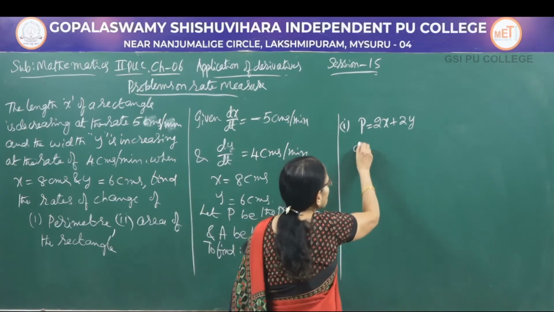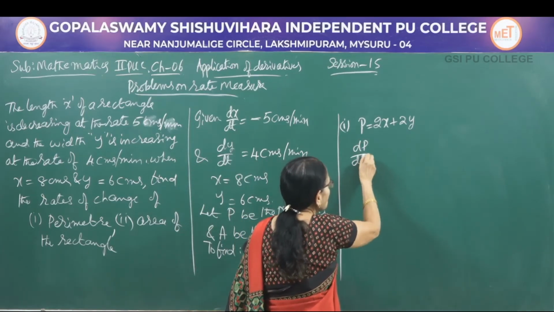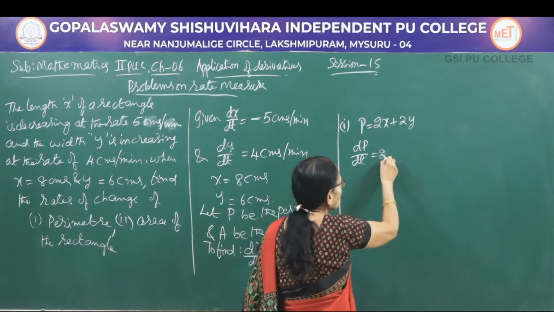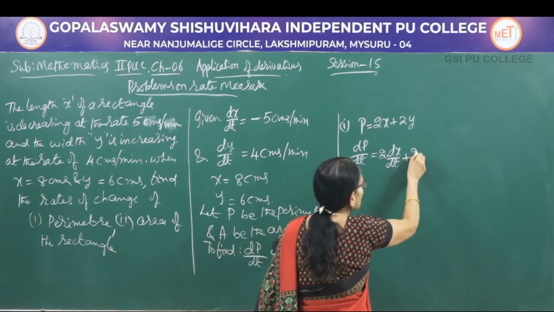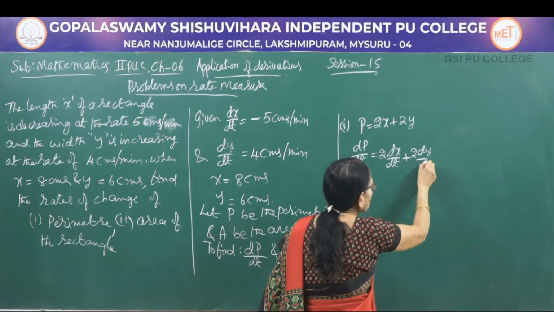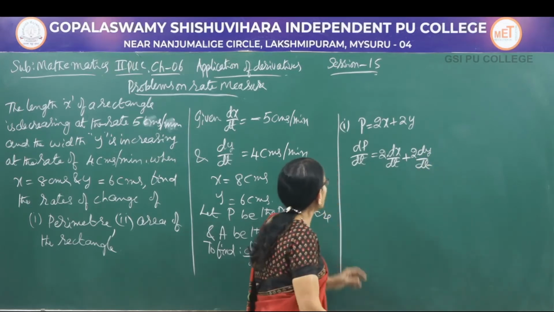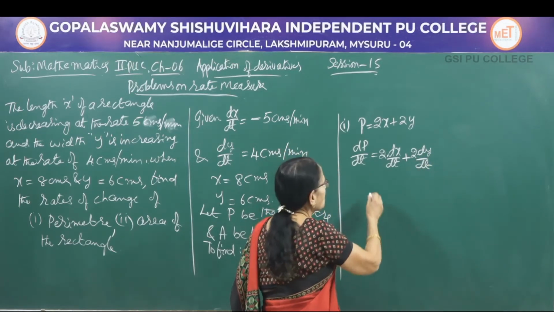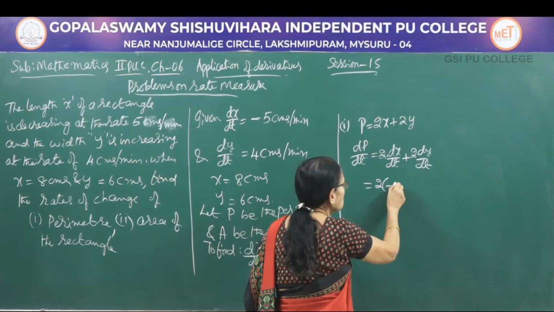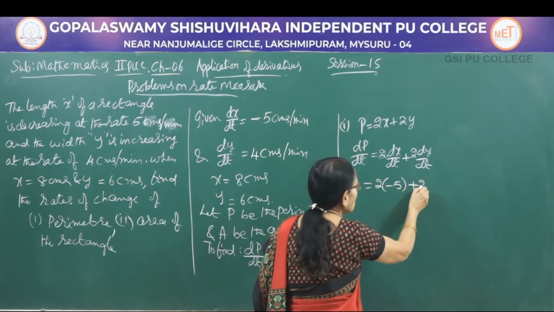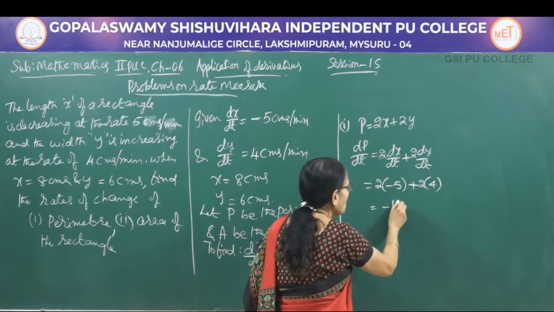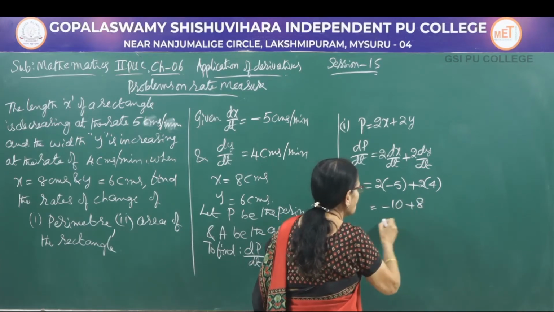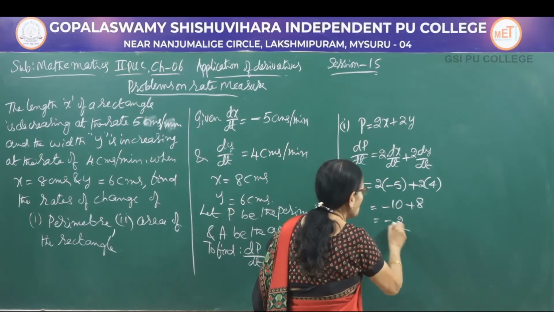Now, differentiate with respect to t. dP by dt would be equal to 2 into dx by dt plus 2 into dy by dt. Now, dx by dt and dy by dt, I have given you the values. It is 2 into minus 5 and 2 into plus 4. This would be minus 10 plus 8, which is equal to minus 2.